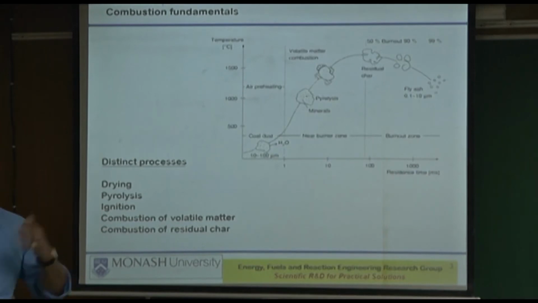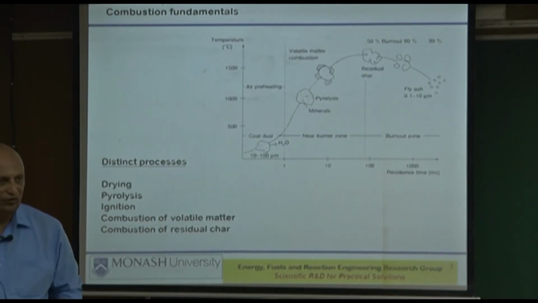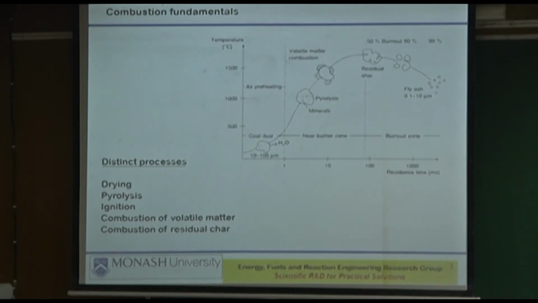That's why the term fly ash. And you don't want that fly ash to be depositing on top of your burner, because then the burner will start losing its effectiveness. Okay. So that's why everything happens away from the burner in the burnout zone. But look at the time scale. You are deliberately trying to make everything happen in this many milliseconds.